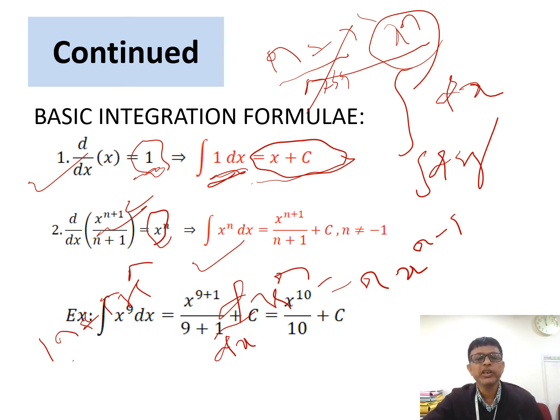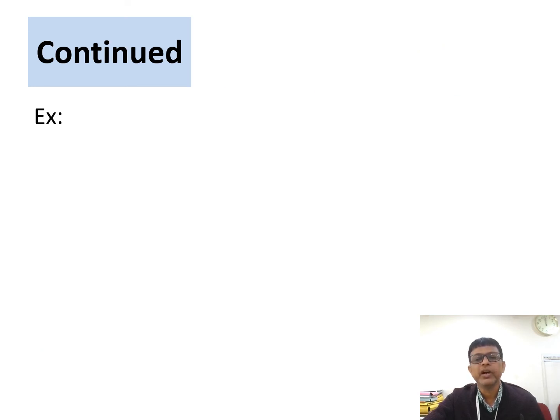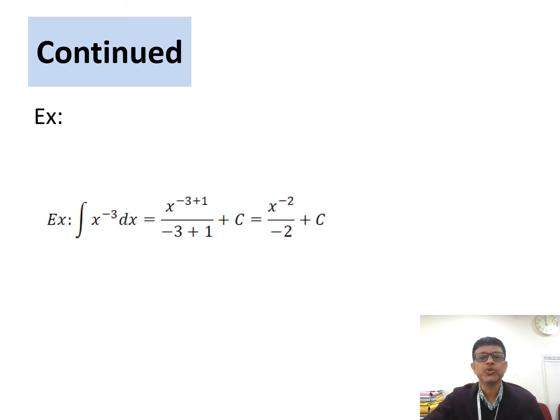Now if the power is negative, how do we integrate it? Here is the question: just see x to the power minus 3. Here I have taken x to the power minus 3, so n equal to minus 3. If we use the same formula for x to the power n, it is x to the power minus 3 plus 1 by minus 3 plus 1 plus c.